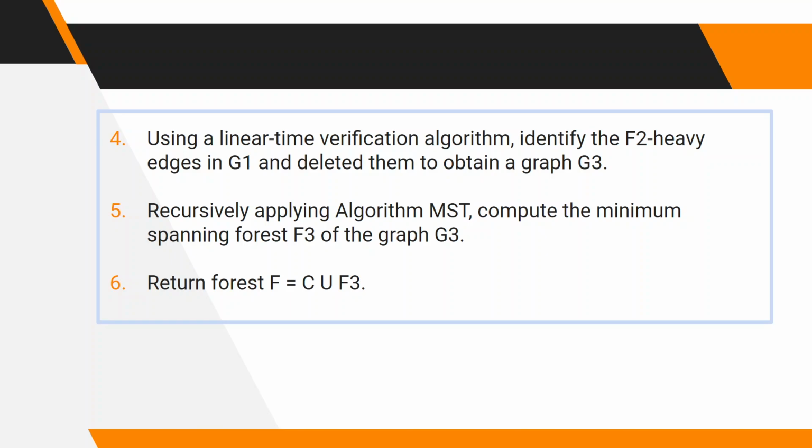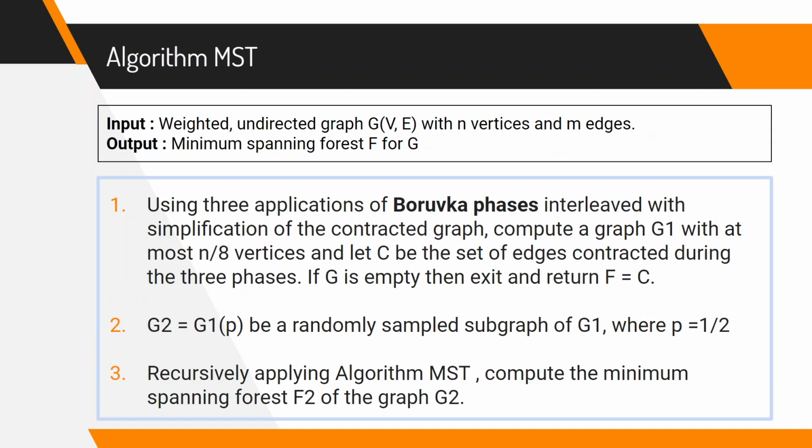Now this would be a bit more complicated when we are reading, but when you picturize it, what we are doing is first of all, apply Boruvka phases, get a smaller graph, randomly sample a graph so that we have a subgraph, apply MST to compute a forest for G2.